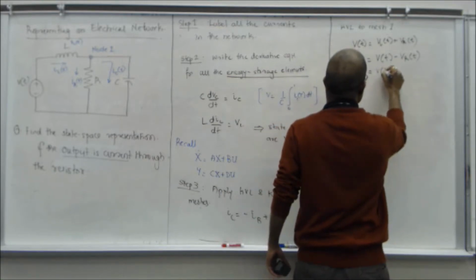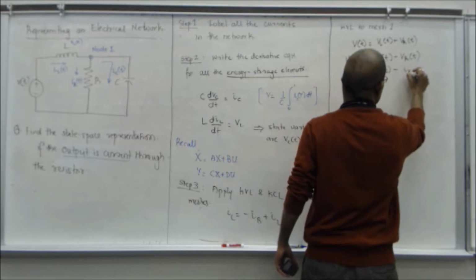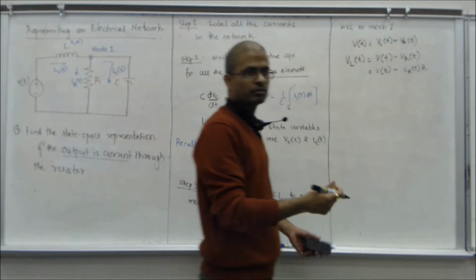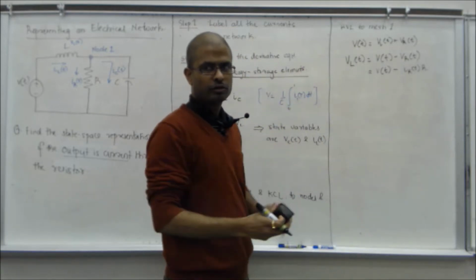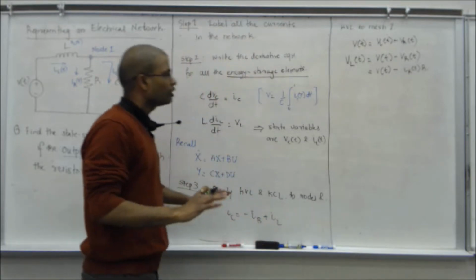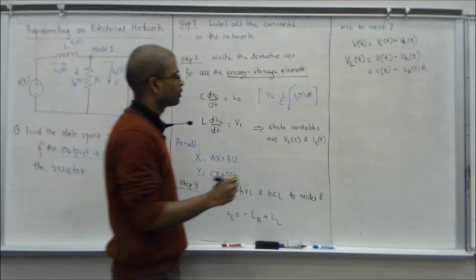But what is VR of T? It is IR of T into R. Correct? So now look at it. Now what you have done is, if I rewrite this, what are you going to get?